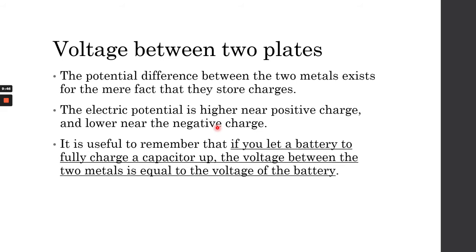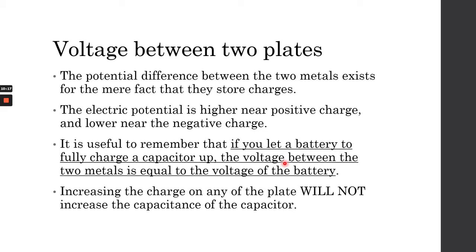It is useful to remember that if you let a battery fully charge a capacitor, the voltage between the two metals is equal to the voltage of the battery. I want you to remember this because sometimes when you solve problems and it gives you the voltage of the battery, usually you would assume that the capacitor is fully charged and that the voltage denoted on the battery is the voltage between the two plates or the two metals.